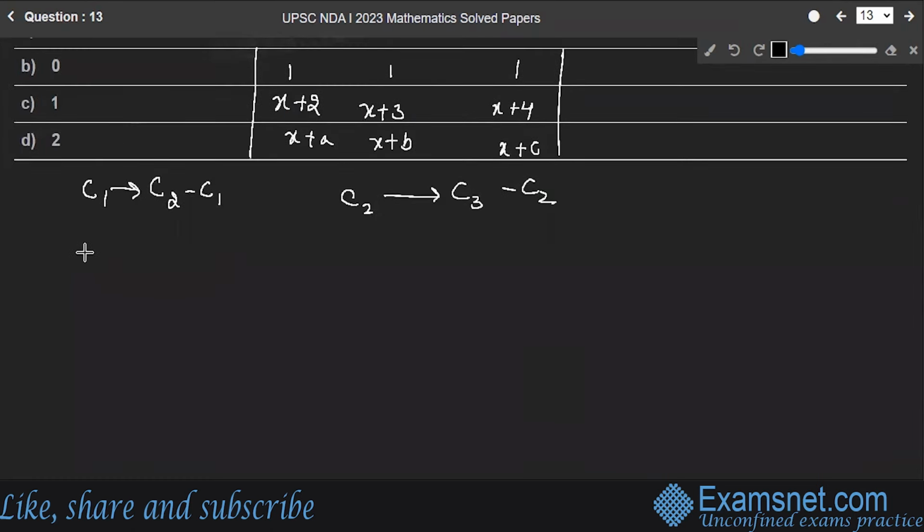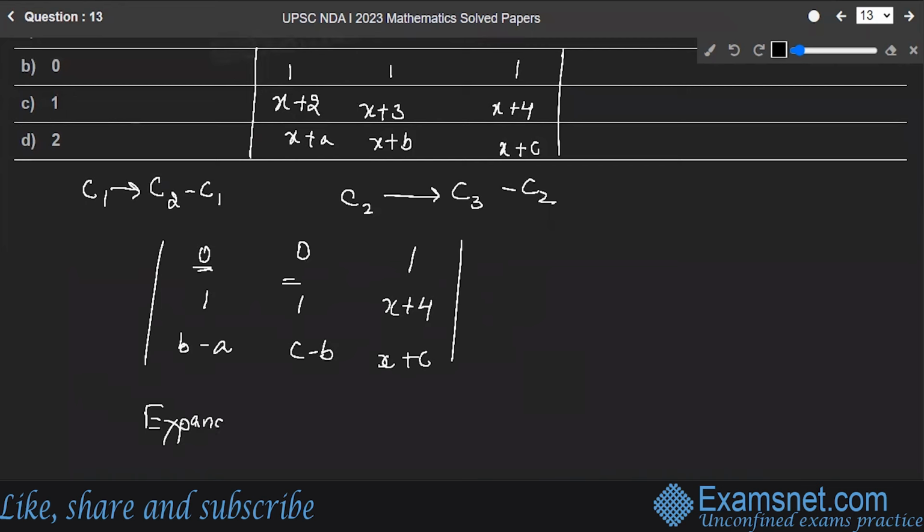Now further, I'll change C2 into C2 minus C1 and C3 into C3 minus C2. So let's perform these operations. You will get 0, 0, 1, 1, 1, x plus 4 and b minus a, c minus b, x plus c. Now expanding along R1, this is the first row. This will be 0. This is 0.